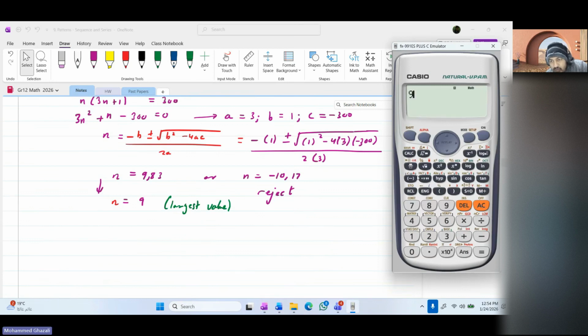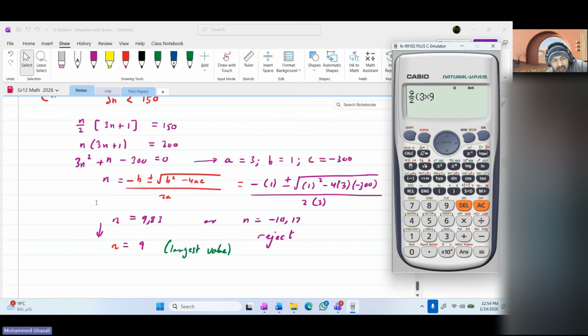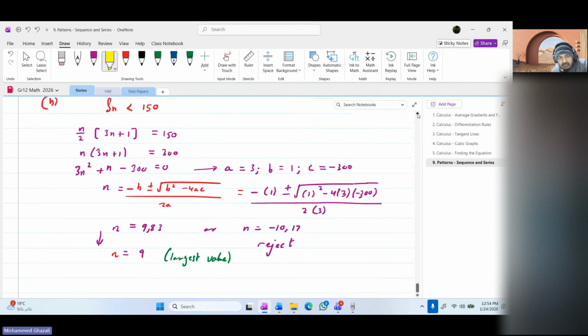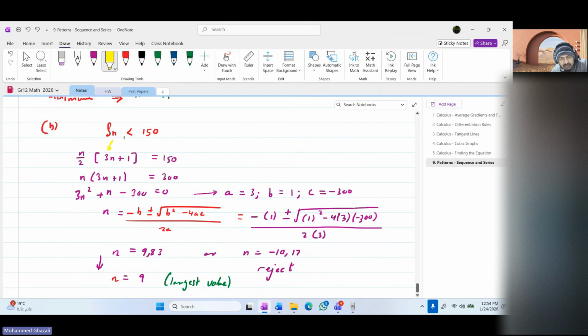So we got 9 over 2 into 3n plus 1, right? So 3 times 9. Why 3n plus 1? Because that's what it was. We need to test this formula, but the answer needs to be less than 150, okay?